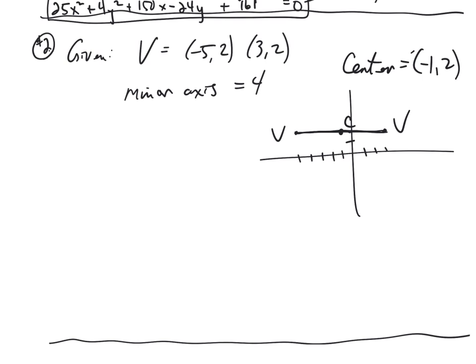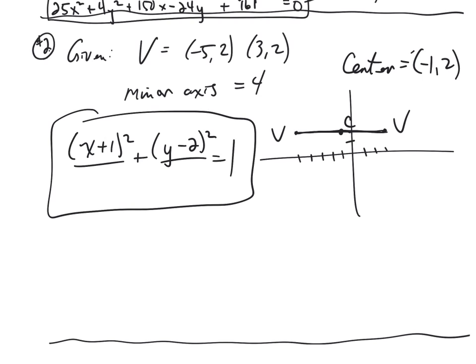Okay, so right off the bat we can then replace h with negative 1, and we can replace k with positive 2. Now remember, anything inside parentheses is opposite of the sign, so it reads x plus 1 squared and y minus 2 squared.